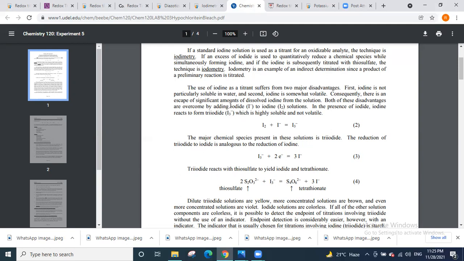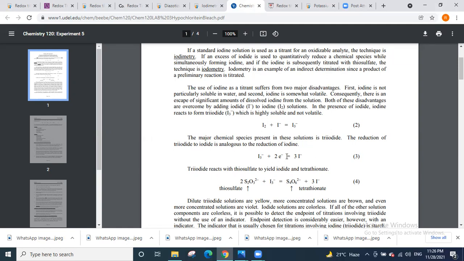So whenever I ask you in the exam why iodine is called a secondary standard, and how to overcome the problems with iodine, you have the answer: by reacting with iodide, it converts into the ionic form. So it can be easily solubilized, and it converts into non-volatile I2 plus I minus, which forms triiodide and behaves like iodine.